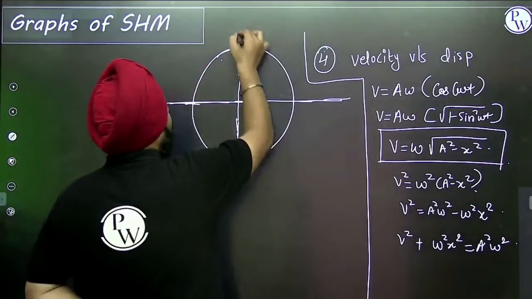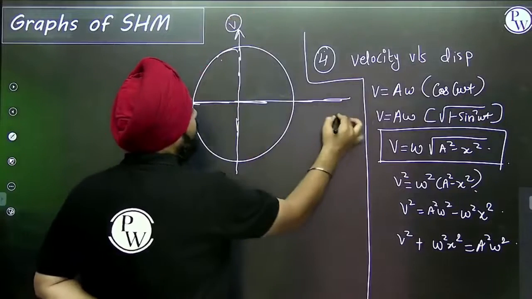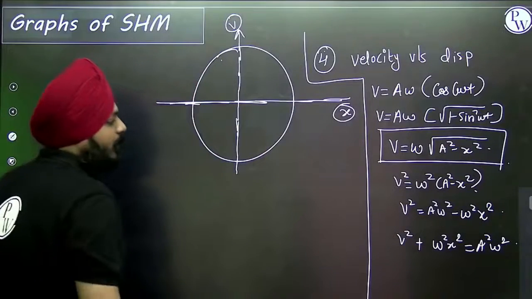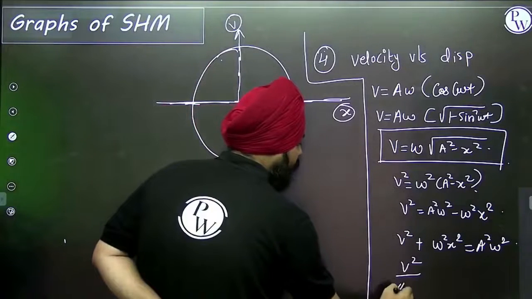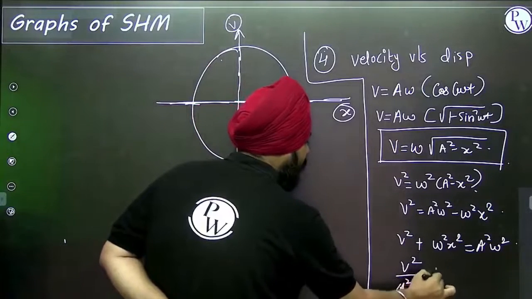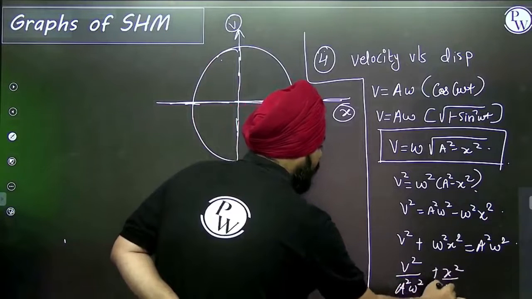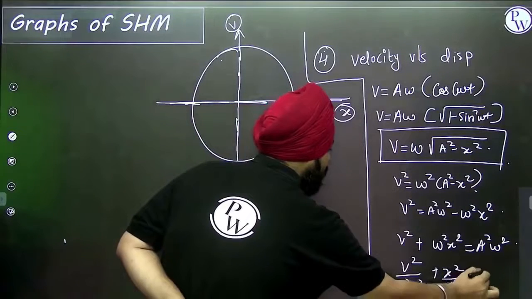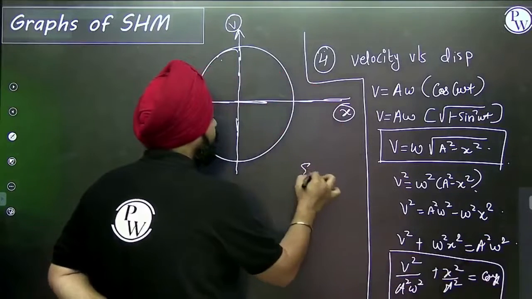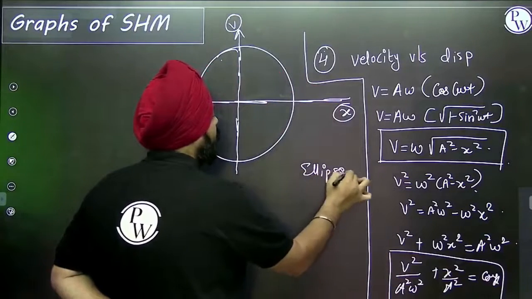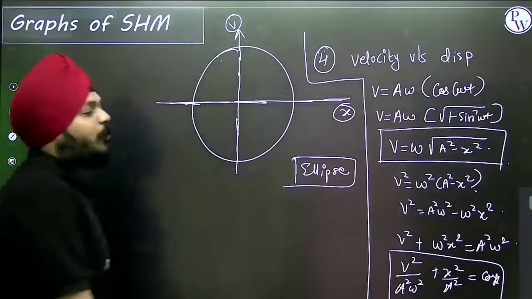This is velocity and this is displacement. So here it will be v square by a square omega square plus x square by a square is equal to constant. This is the equation of an ellipse.